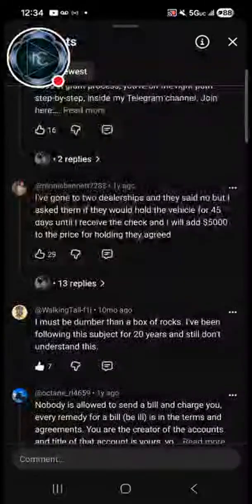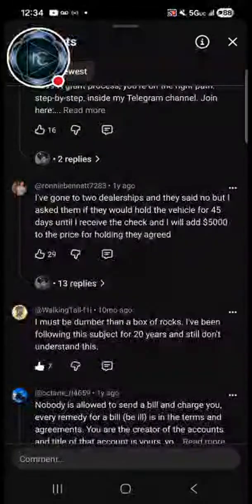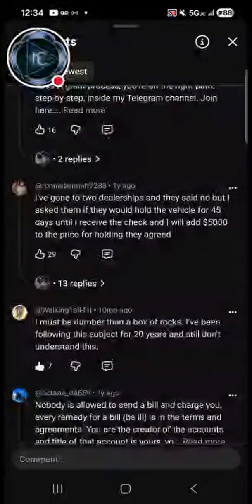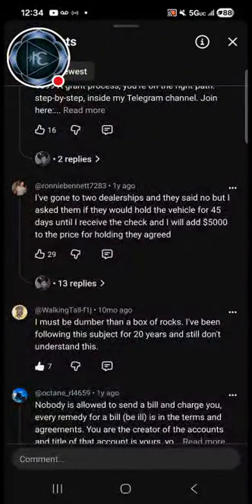He sent it certified. He had a contract number. He could have easily gone to the courthouse and submitted that documentation to have a judge rule that he had a judgment on the obligation.